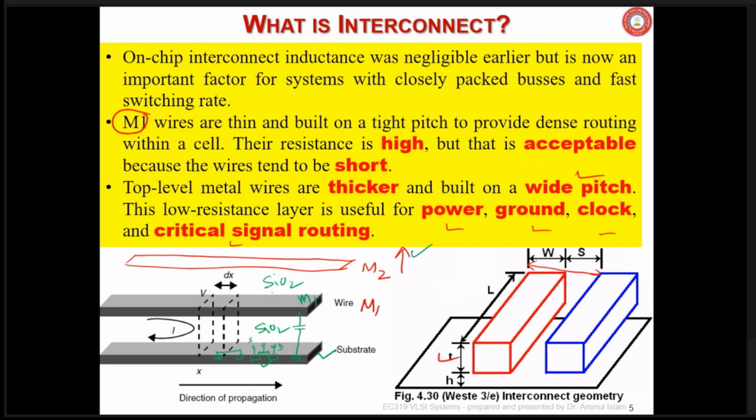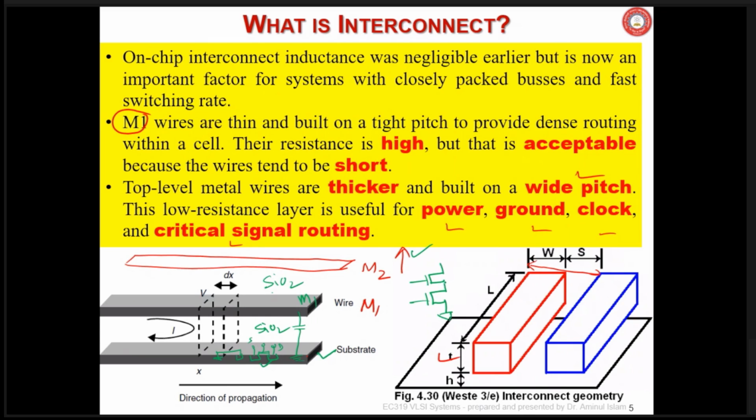Normally the bottom layers M1, M2, etc. are very dense with less width and obviously less length, to connect the nodes of the gates or to connect the transistors even. Suppose in a two input NAND gate, you have the pull down network.